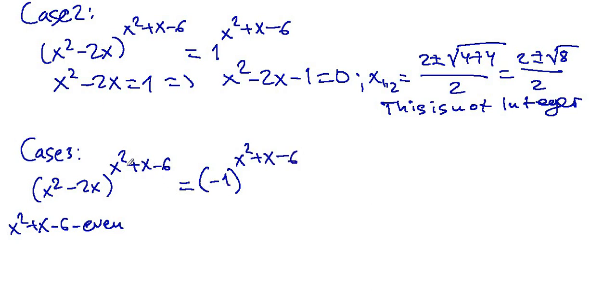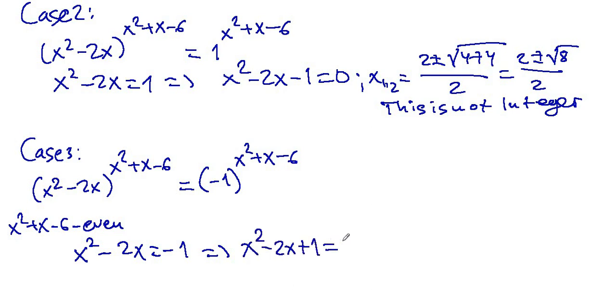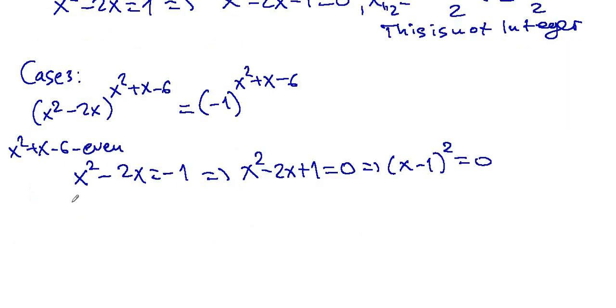Again the exponents are the same, so we can equate bases. Therefore we get x squared minus 2x is equal to minus 1. If you move minus 1 to the left hand side, then I'll get x squared minus 2x plus 1 is equal to 0, and this is a perfect square, (x minus 1) squared is equal to 0. Therefore we get x minus 1 is equal to 0 and x is equal to 1.